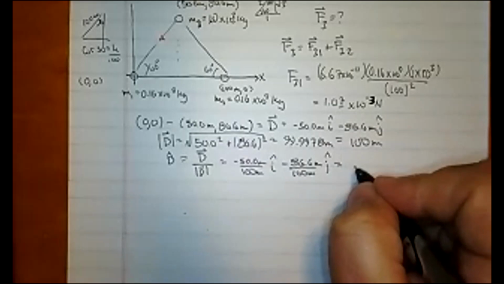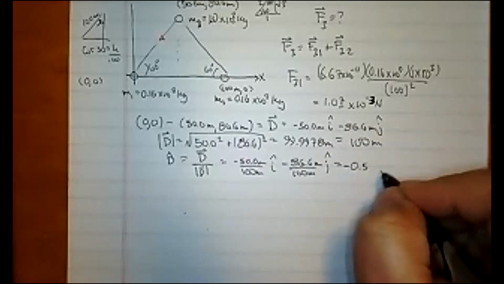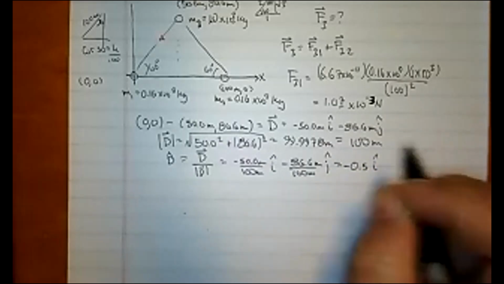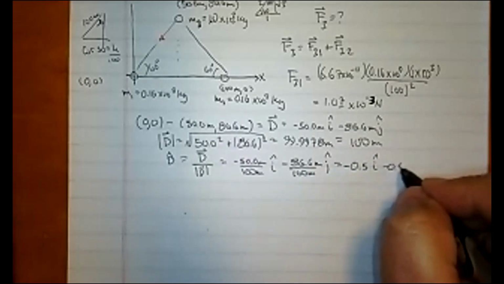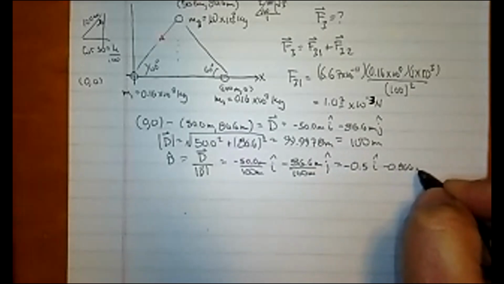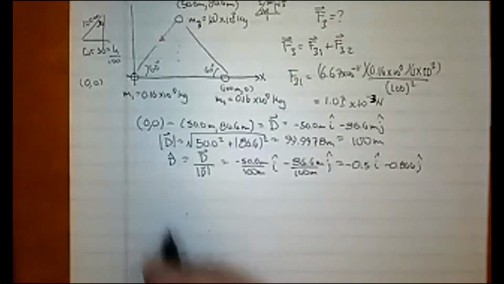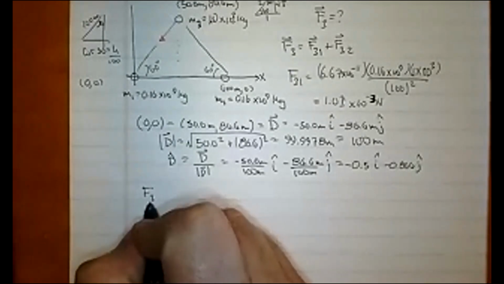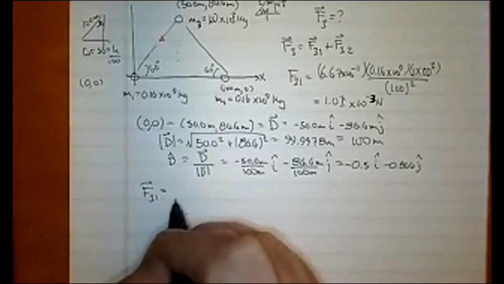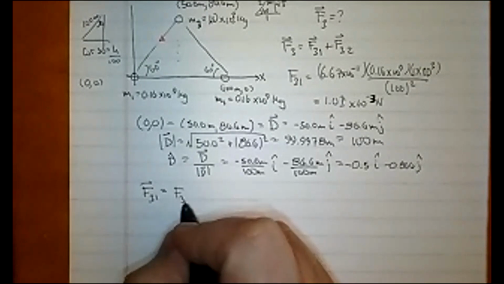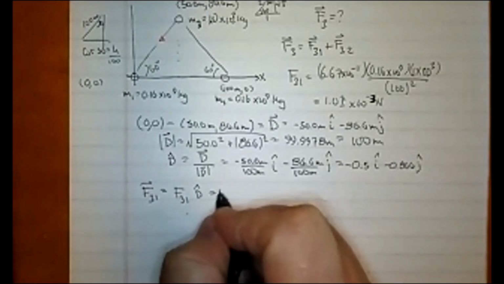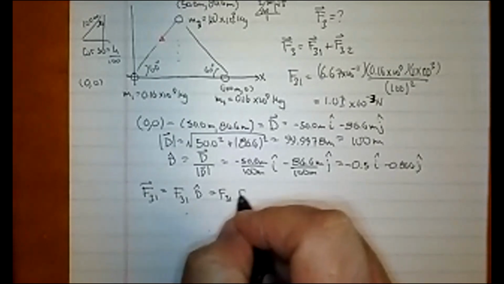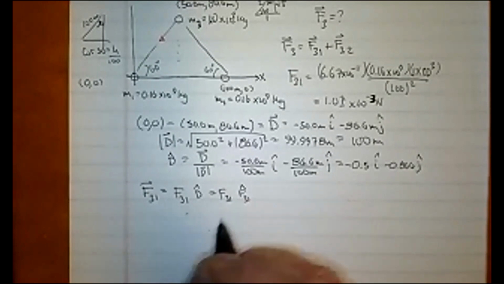So this gives me negative 0.5 i hat, and this gives me, of course, negative 0.866 j hat. No units. Okay. So in fact, my F31 is equal to just the magnitude of F31 times d hat.